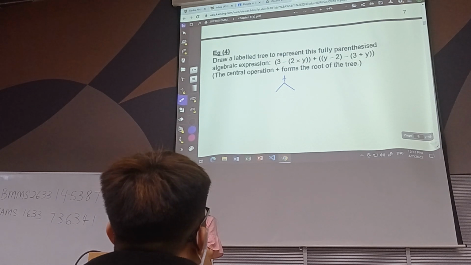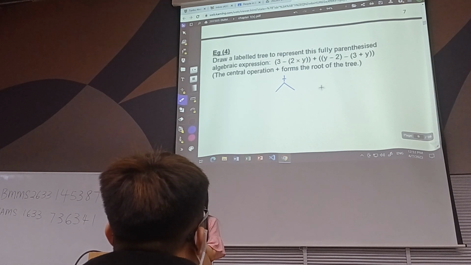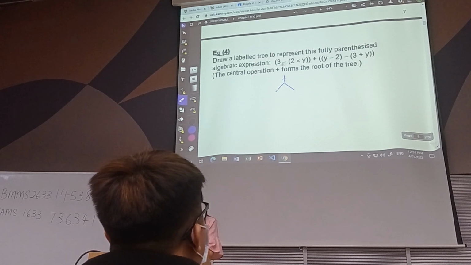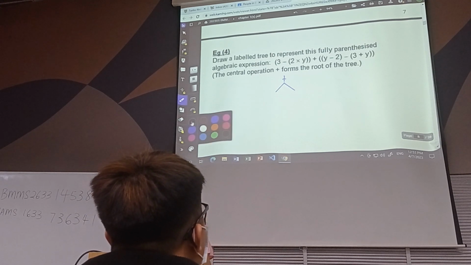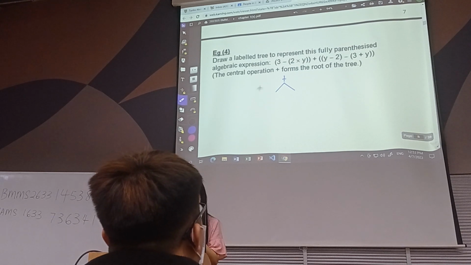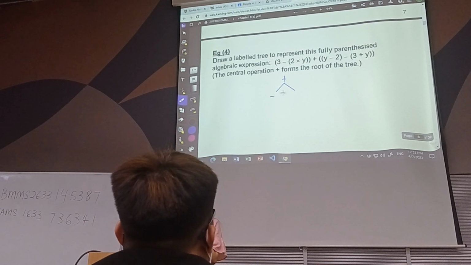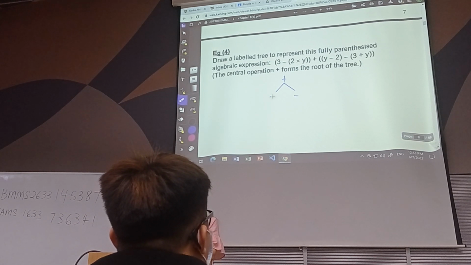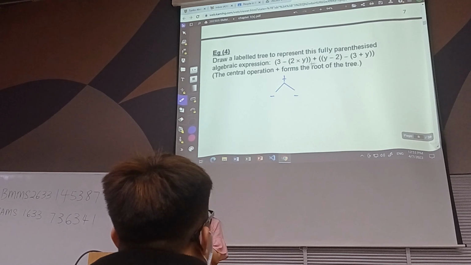All these will be the right hand side of plus. And when you label this left hand side, you need to choose again which one is the root of the left hand side here. Minus. Correct? And the right hand side, the root is minus also. Then you go down to the left again.